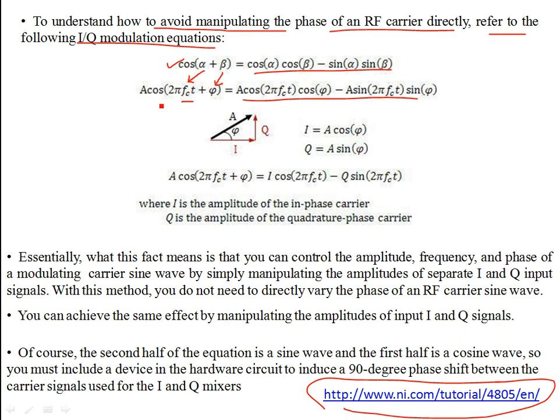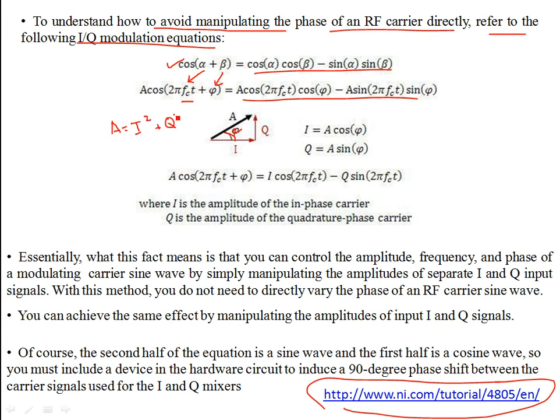Now this cosine has a phase of phi, which can be seen over here, and it has an amplitude A over here. And basically this is nothing but the square root of I squared plus Q squared.